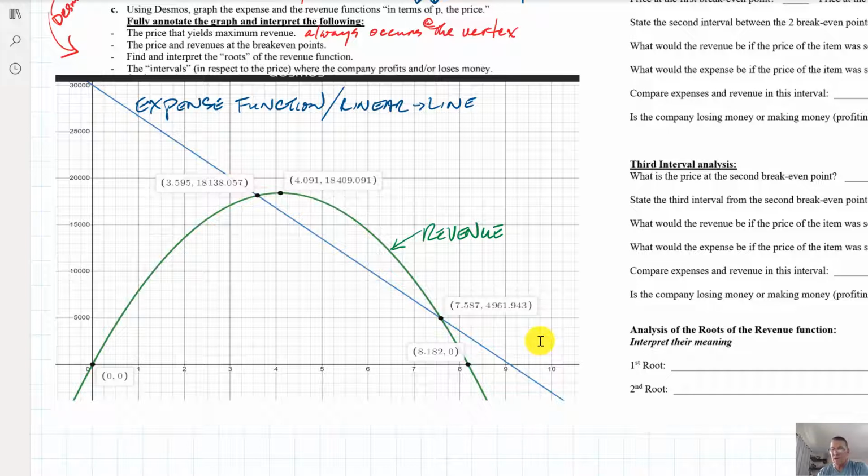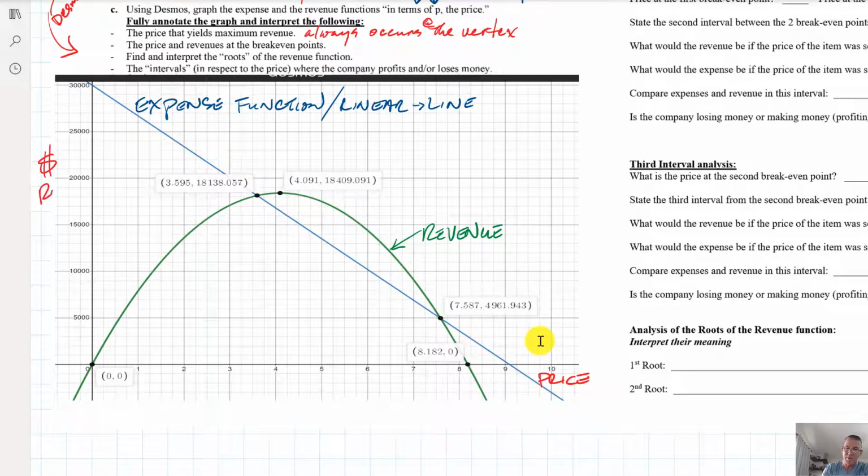They obviously get money; we call that revenue. Now the horizontal axis is the price, so P is on the horizontal, and dollars are on the vertical. It's going to represent either the revenue or the expense, depending on which function we're looking at, but it's in terms of dollars. Everything is in terms of dollars.